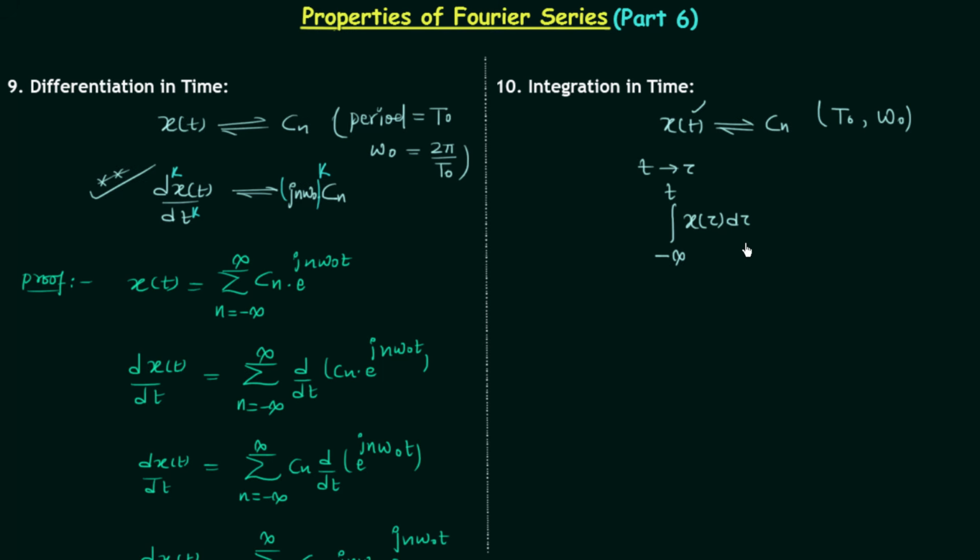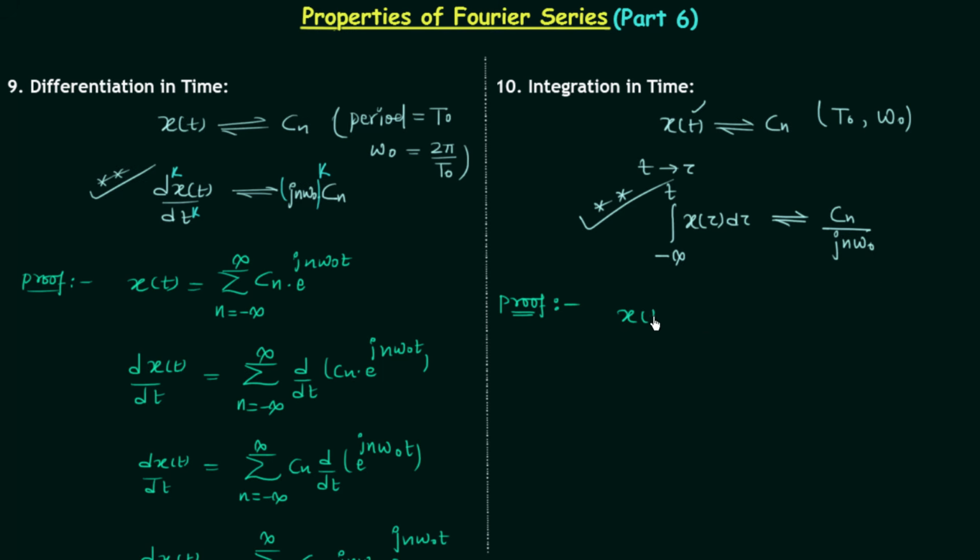And whenever this happens, the coefficient which was Cn earlier will change to Cn divided by jn omega naught. So this is the integration in time property, and now we will move towards the proof of the property.